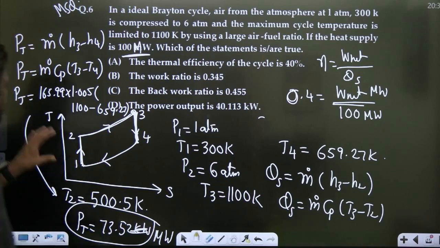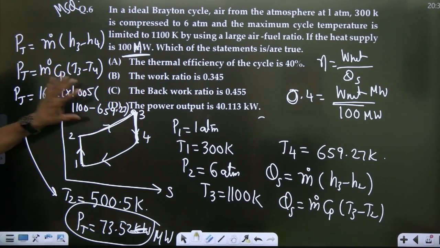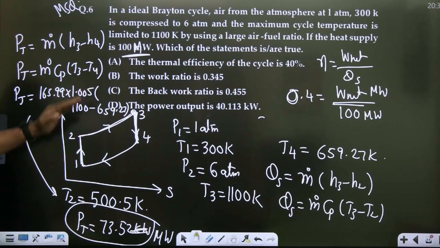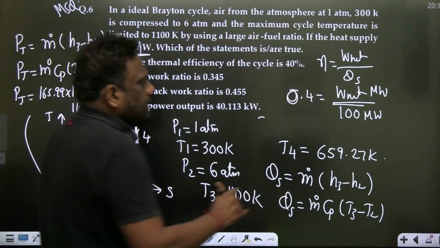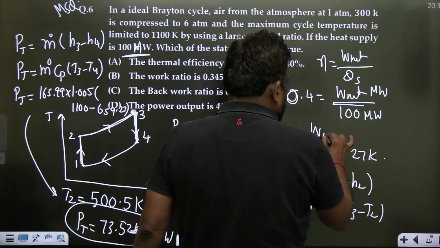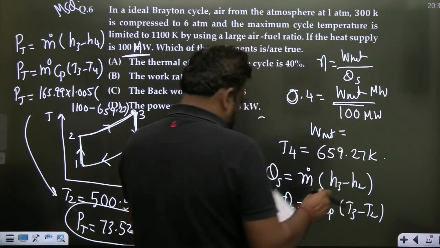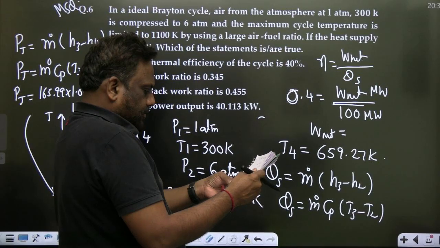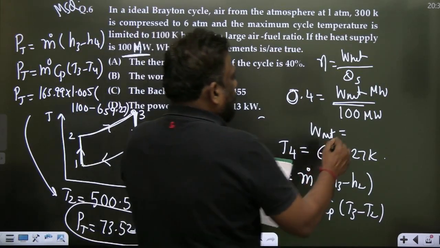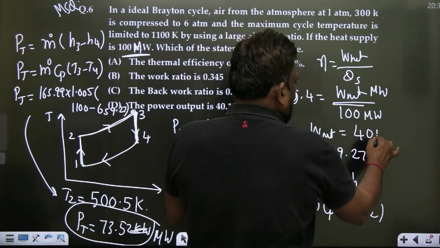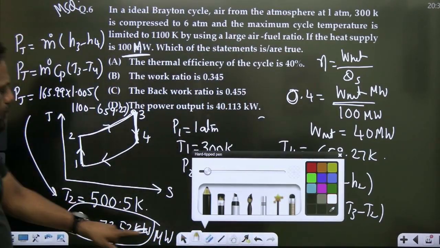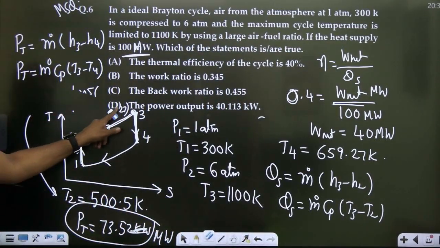Already from this equation you get it in kilowatt because the specific heat is kilojoule per kg per Kelvin. So divide by 1000, you get it in megawatt. Wonderful. So from here I get the net work, which will be in megawatt. The net work, if I calculate, my dear students, will be 40 megawatt. Wonderful, sir. Once the net work is known, there is no problem in calculating the work ratio.